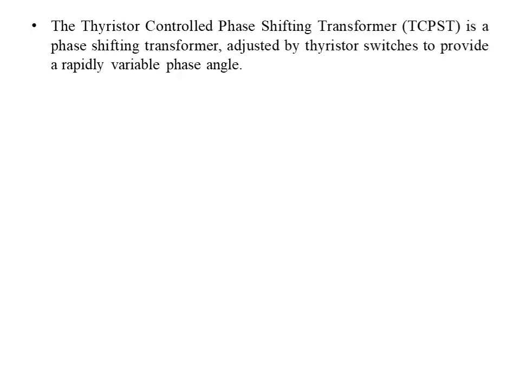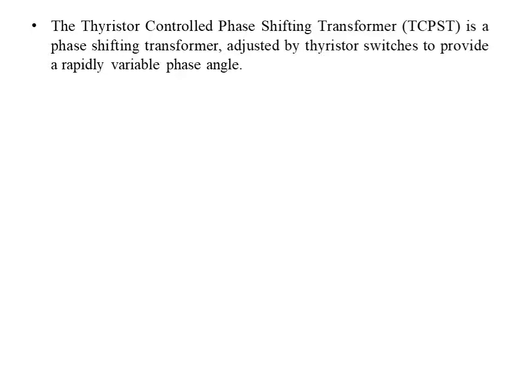Nowadays, a new type of transformer called solid state transformers is becoming a hot topic in controlling the power flow, that is bidirectional power flow. These solid state transformers are nothing but semiconductor device controlled transformers, one of which we are discussing right now, that is the thyristor controlled phase shifting transformer.